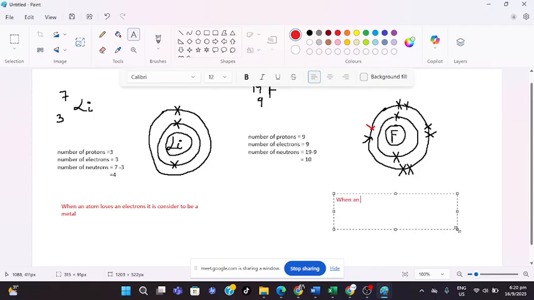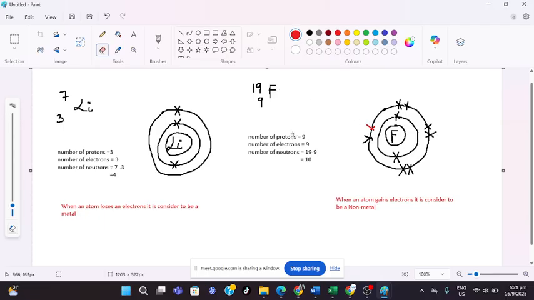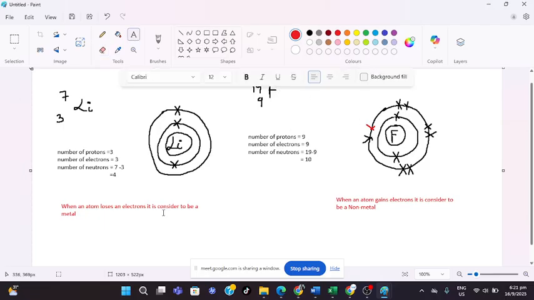When an atom gains electrons, it is considered to be a non-metal. There are terms here, but we're not going to look at the terms. So what we're looking at here is what we call a metal and a non-metal.